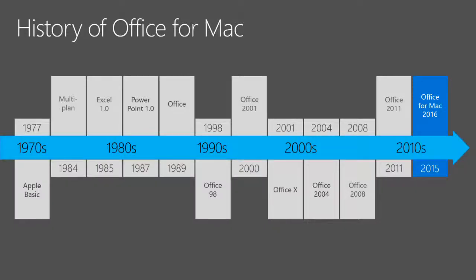So, a brief history of Office on the Mac platform. Of course, we've been around on the Mac platform for a couple of decades now. The first version of Office that had mail was in 1989, so it's been there for a while. And Entourage shipped in 2001.